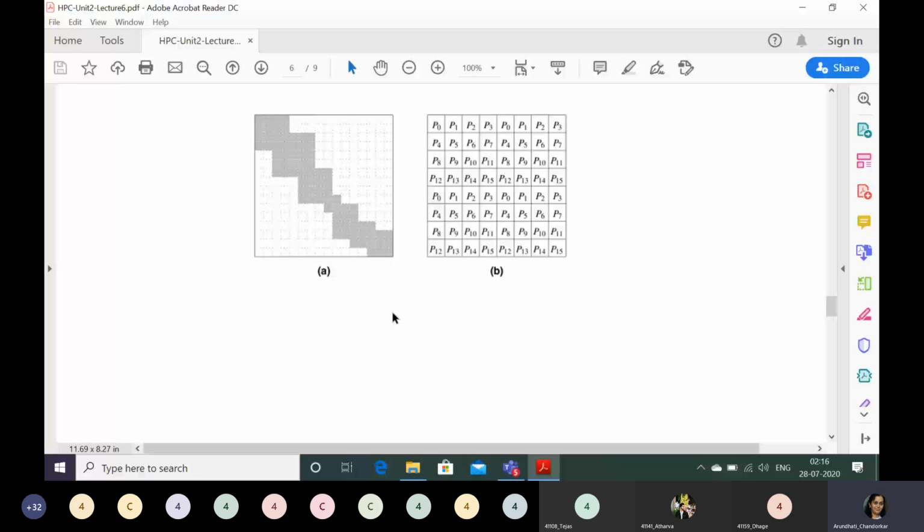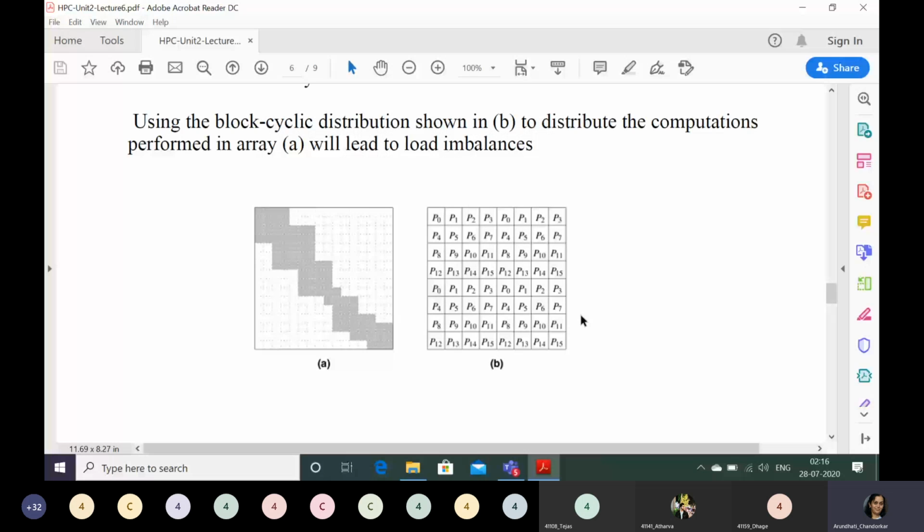So we will move ahead towards randomized array distribution, block distribution. Using block cyclic distribution shown in B to distribute the computations performed in an array like A will lead to load imbalances. This diagram I have shown you.